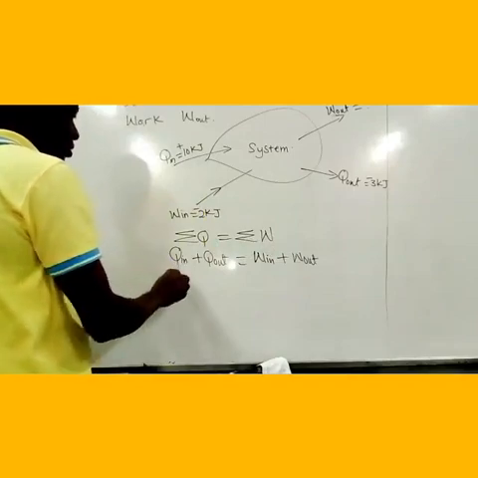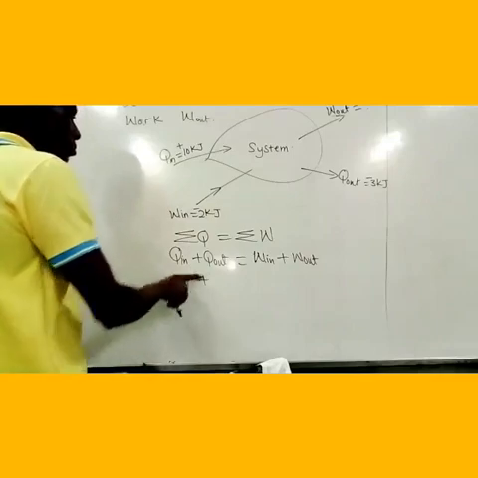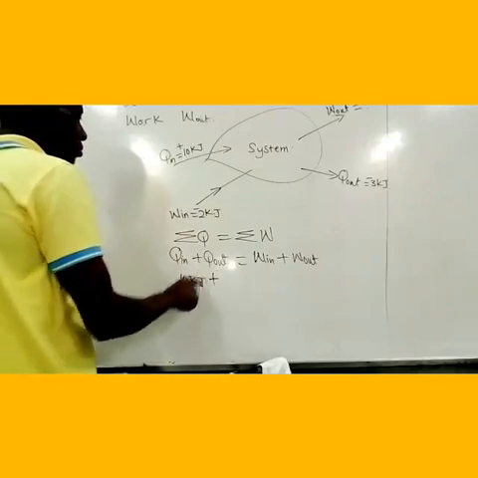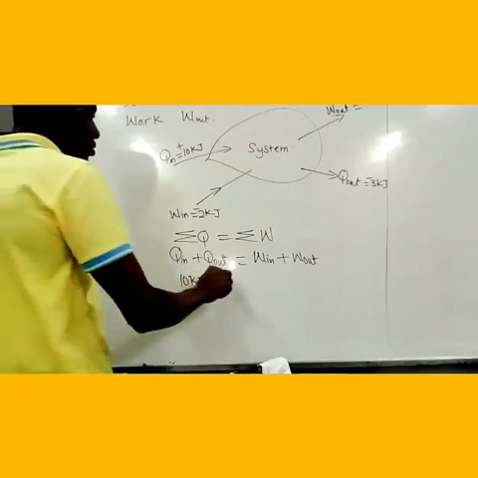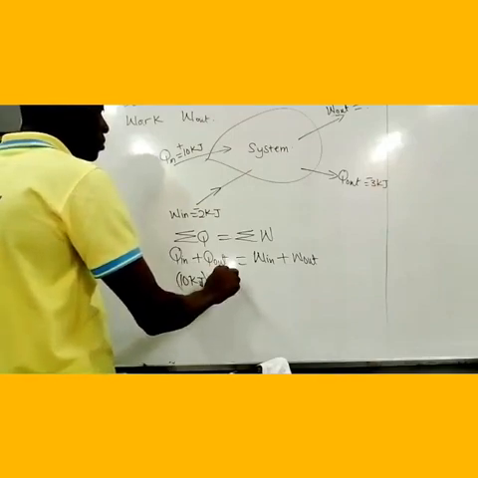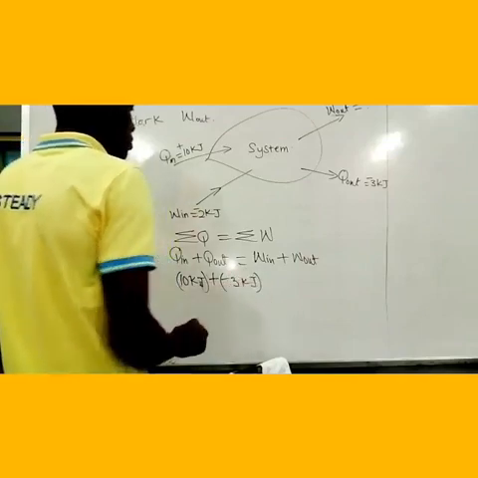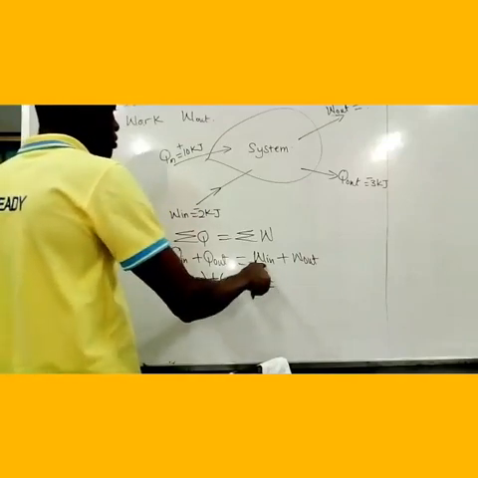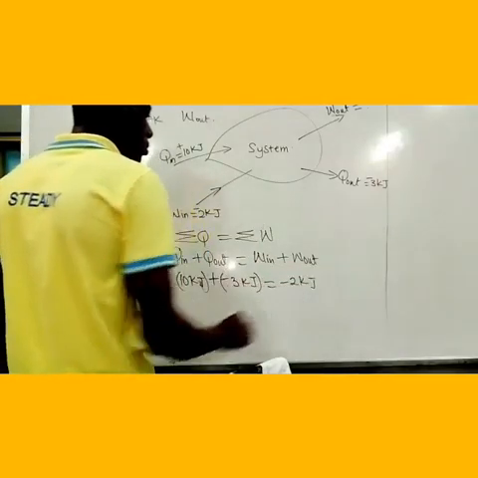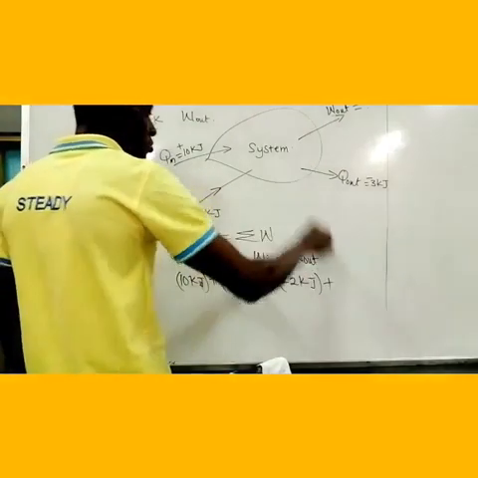Heat in is positive 10 kilojoules, plus heat out is negative 3 kilojoules, equal to work in, which is negative 2 kilojoules, plus work out, which we don't know.